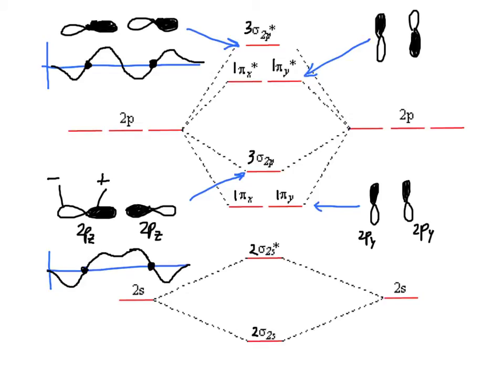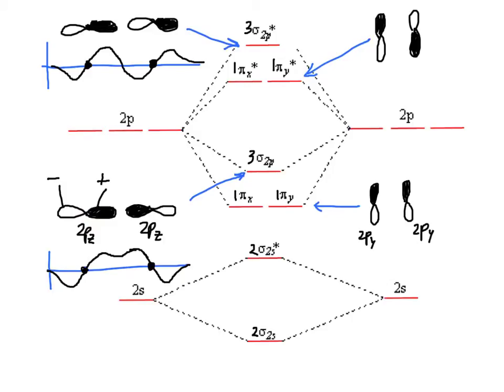Okay, so now we are going to address why we called some of the p combinations sigma and the others pi. One thing I want to note here is that in the sigma combination, which are these, this one here and that one there, there is no nodal plane along the bond axis, along this axis.